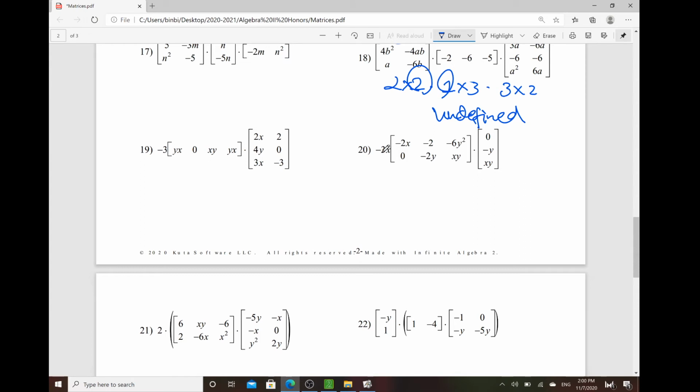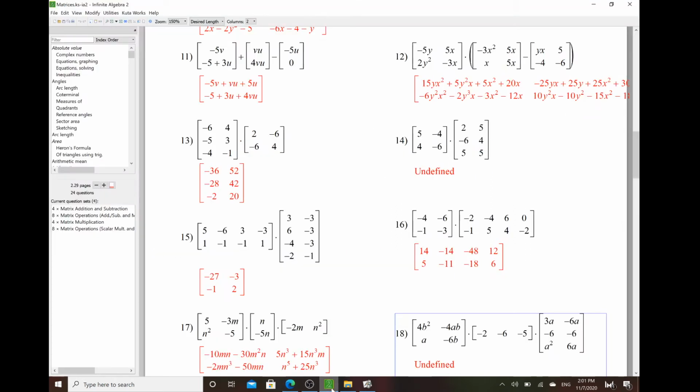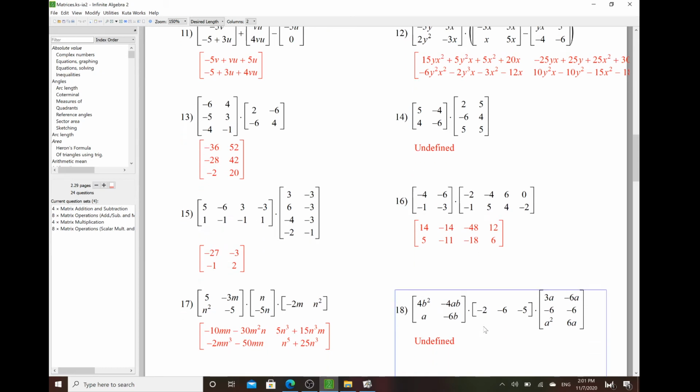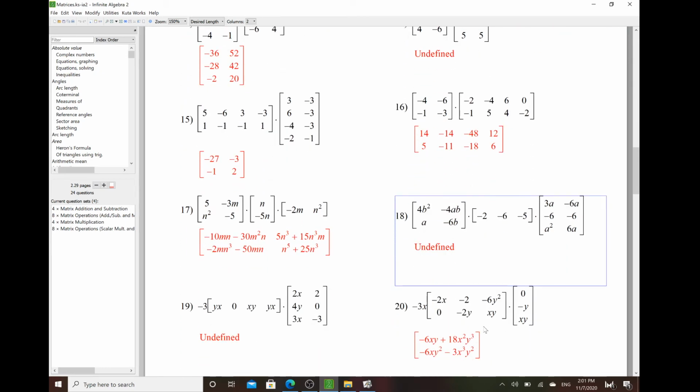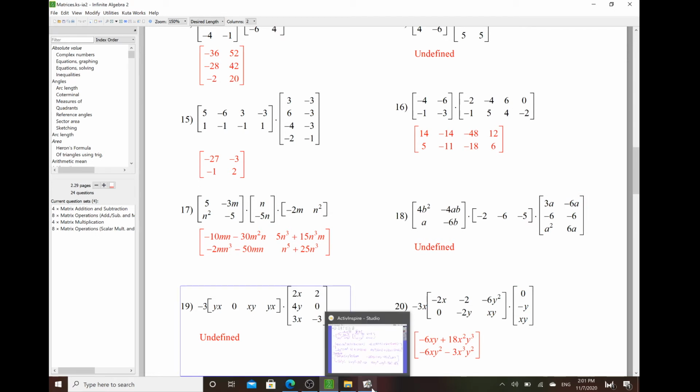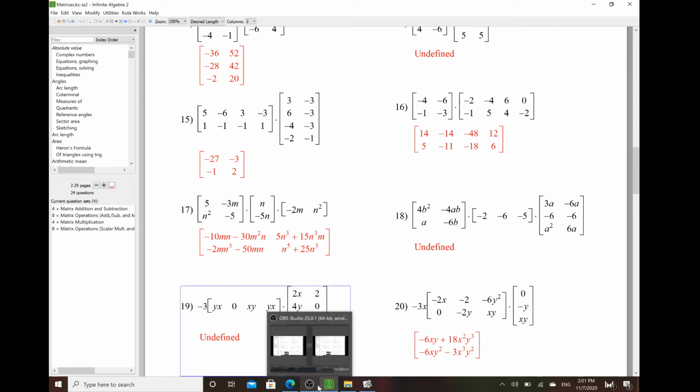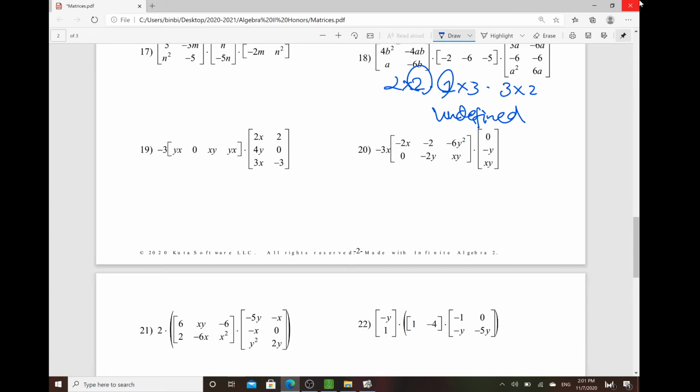This one is 1 by 1 times 2 by 1, and you might be wondering why this one is not multiplicable, because the numbers don't match. But somehow this one actually works. So let's find out why.